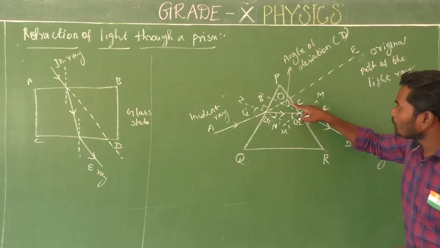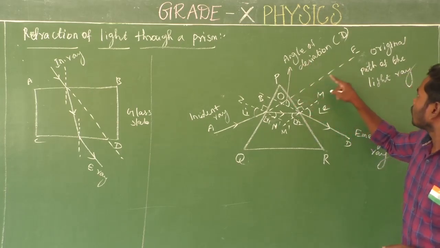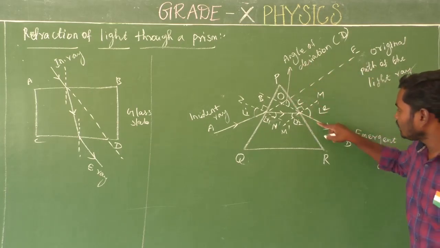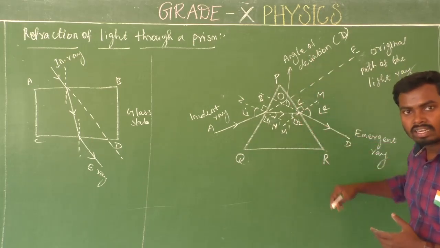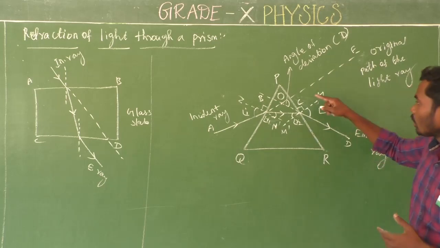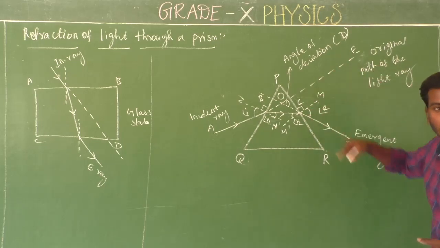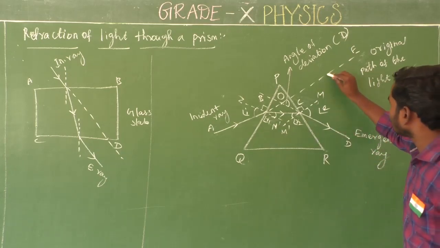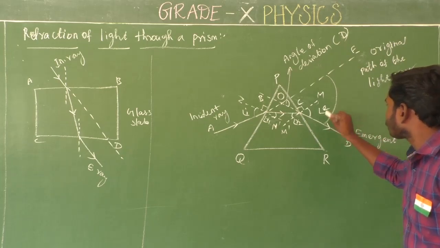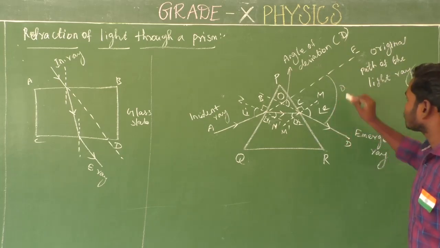So there is some angle between the original path of the light and the emergent ray, that is the angle of deviation. Here the emergent ray moves away from the original path of the light. Can you see clearly? Okay, I'll draw it very large. Yes, there is some angle. This angle is the angle of deviation.